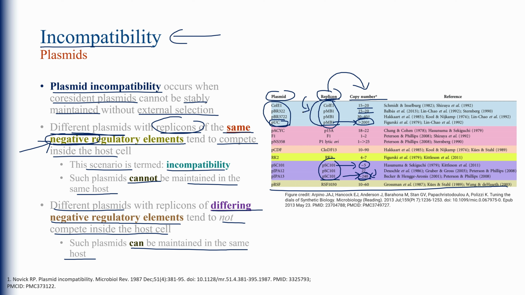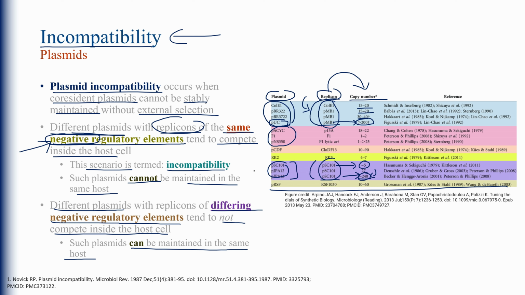And because of this, those would be incompatible replicons, and those would be incompatible plasmids. The same is the case with all of these plasmids that you see here. If they're color coded with the same color, that means that they are incompatible with one another. Here you can see that those plasmids with the pSC101 replicons would be incompatible with one another.